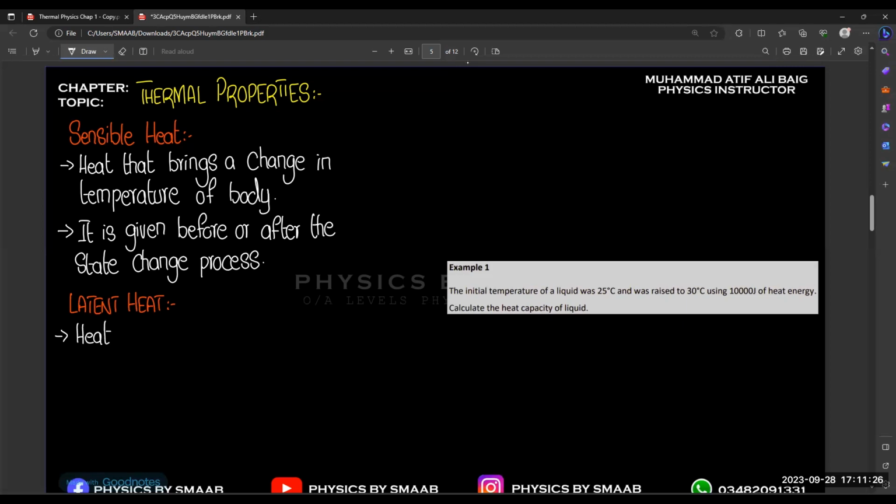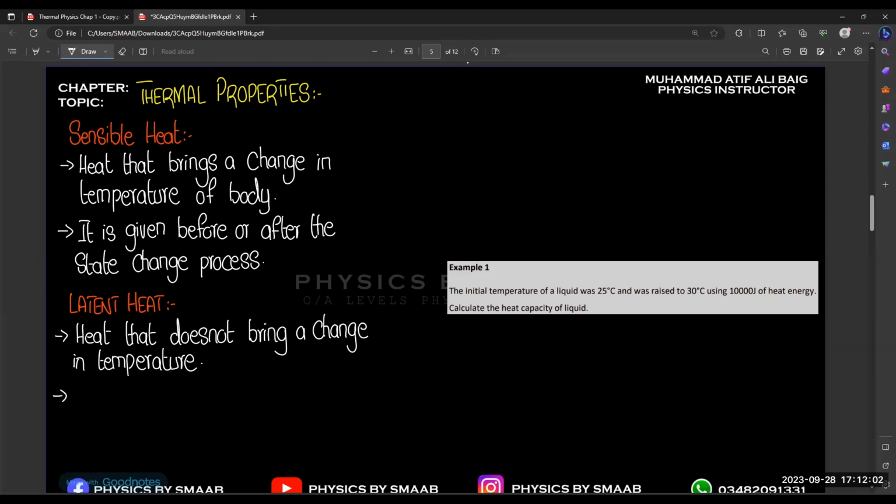So we can say that latent heat is heat that does not bring a change in temperature. As you can see, it is a very small amount, so there will be no change in the temperature.